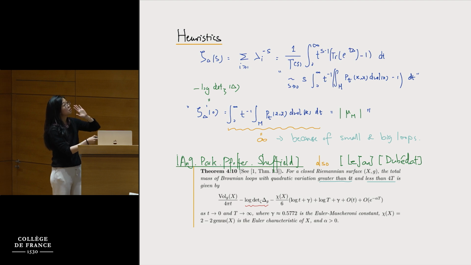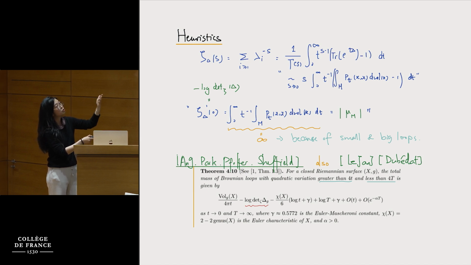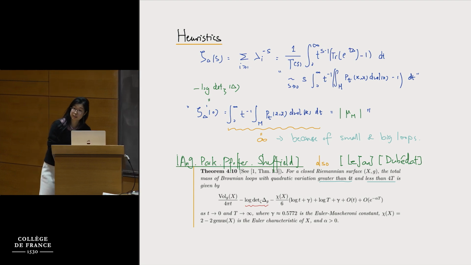But if you remove these terms, and there's a little t, there's also the log term, but these are all constants, the volume also, so everything is just constant, then the remaining term here will be the log of the zeta-regularized determinant.